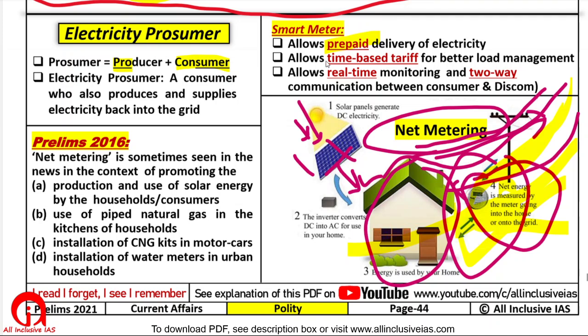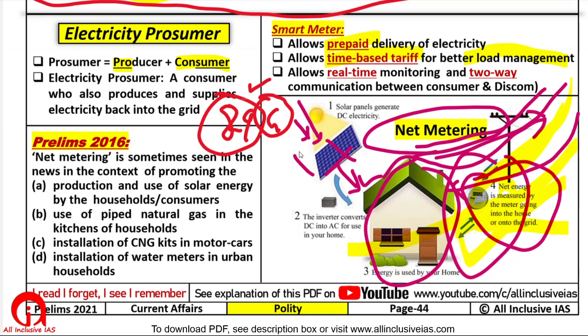They allow time-based tariff for better load management. See, in winters, you wake up at 8 a.m. and you switch on the geyser for warm water between 8 to 9. Now almost everyone is switching on the geysers between 8 to 9. This overburdens the grid.